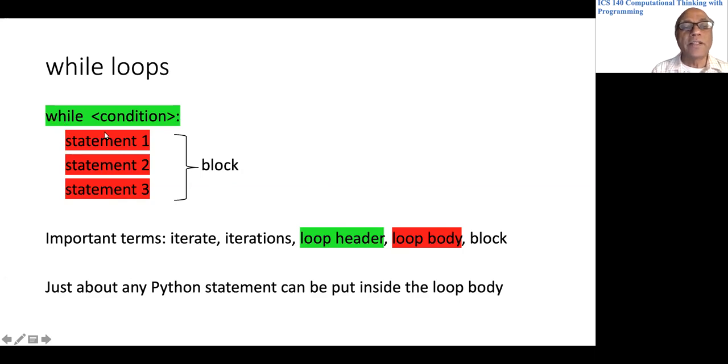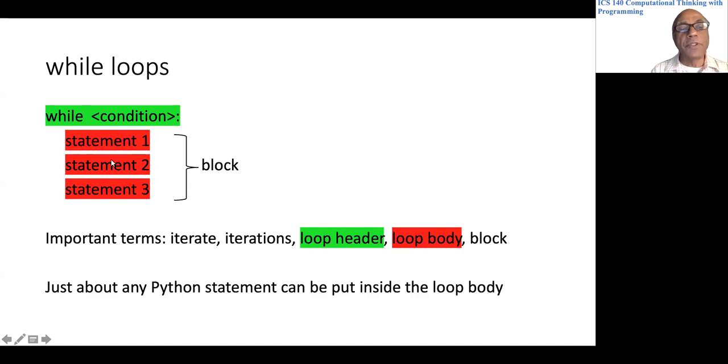So while is a loop in Python. Once again, this is the loop header, and these things in red are the loop body. When Python hits the while header, it evaluates the condition, and if the condition is true, this loop body is executed once. That is called an iteration, or we say that the loop is iterating. So we have a couple of more terms here.